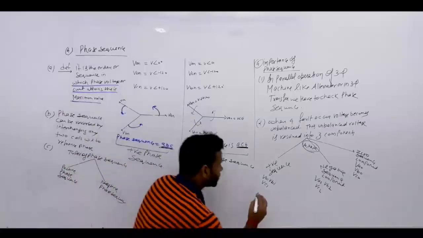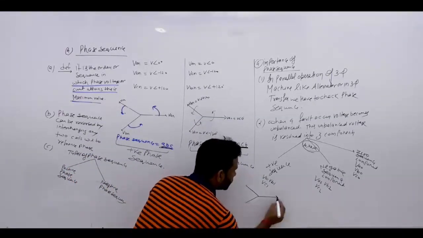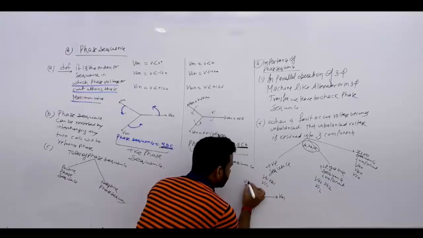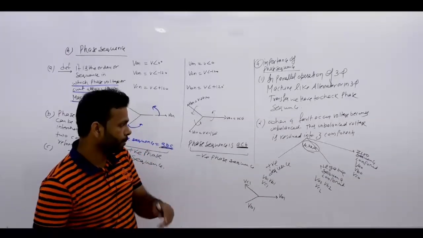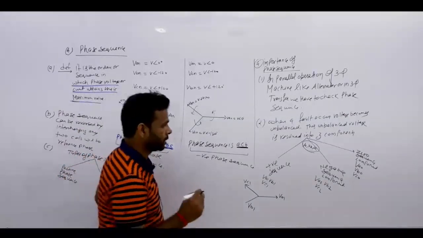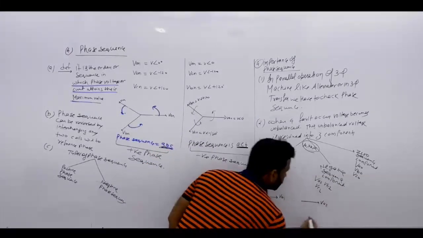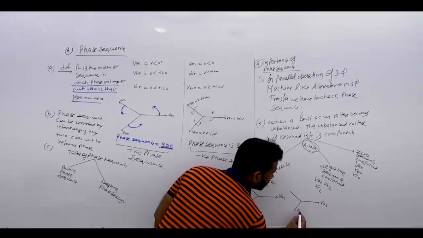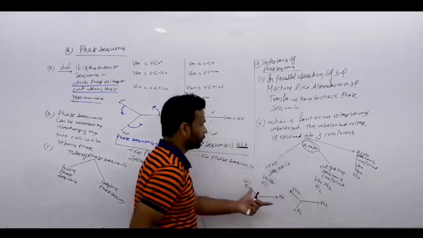I just draw this: VA1, VB1 and VC1. But the negative sequence components of the supply voltage or current are opposite to the supply phase sequence. That's why it is VA2, VC2 and VB2.